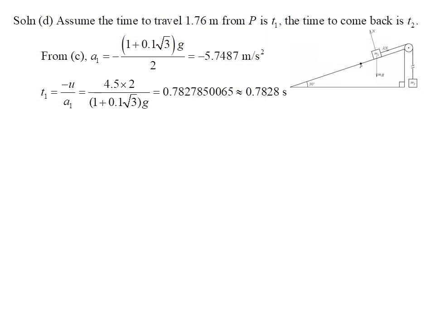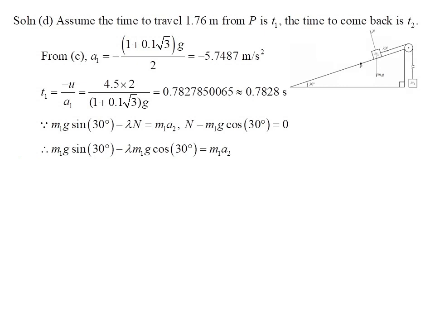To calculate the time m1 comes back, we have the following equations. m1g sine 30 degrees minus lambda N equals m1 a2, and N minus m1g cosine 30 degrees equals 0.